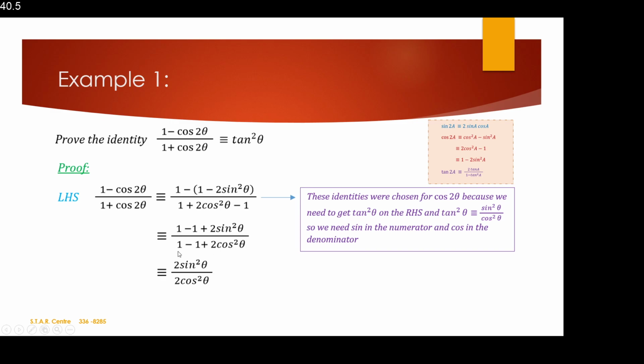In the denominator, 1 minus 1 would also give 0, so we are left with 2 cos squared theta. The 2 can be cancelled from the numerator and the denominator to give sine squared theta over cos squared theta, which is identical to tan squared theta. That's our right hand side, so we have proven our identity.